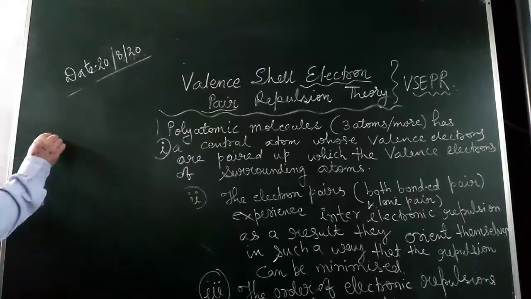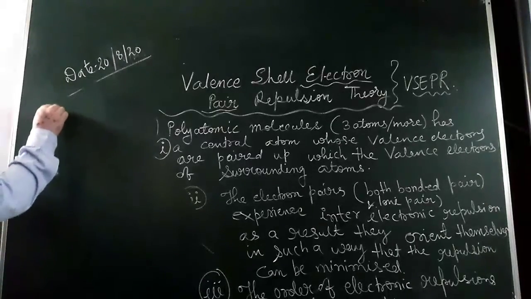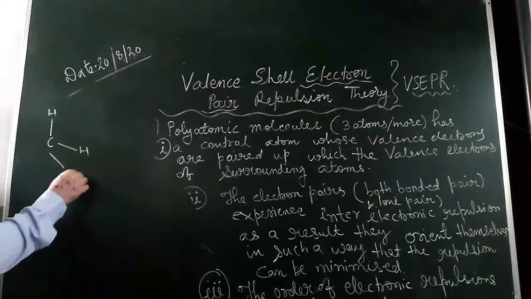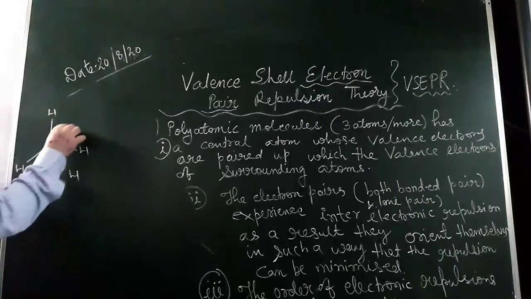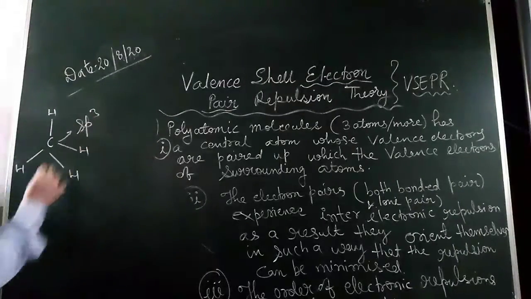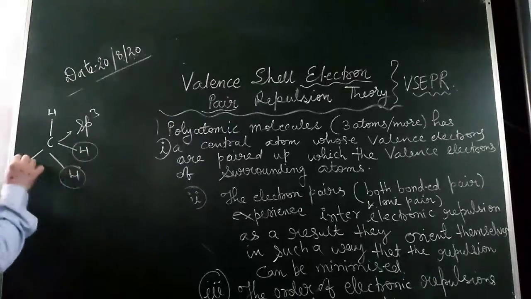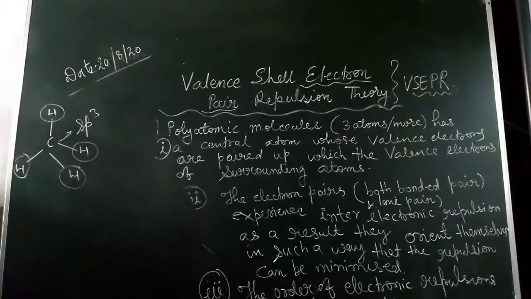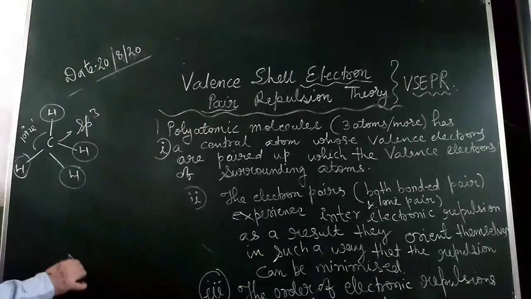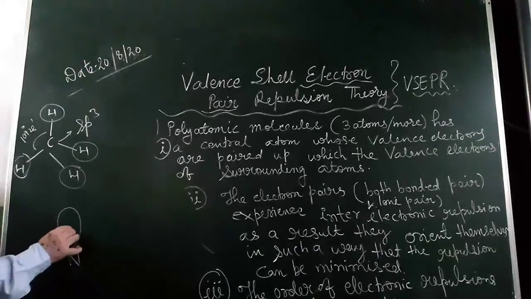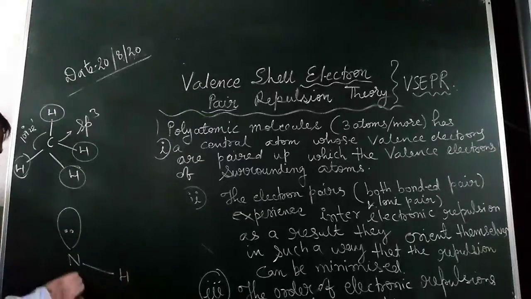In case of methane, we had seen the hybridization, it was sp3. So it was orienting itself in such a way that there was no lone pair repulsion. So it was having an angle of 109 degree 28 minutes. But in case of ammonia, there was a lone pair and three hydrogen atoms were there.